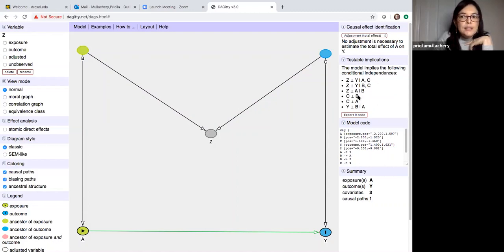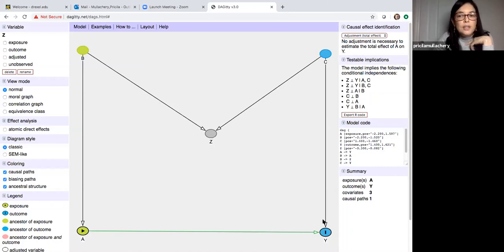These here are the testable implications. Remember this symbol of independence? It just tells us about the other sort of causal effects that could exist in this path that I'm assuming are not there, right? So for example, let's see this first one. It says that Z is independent of Y, conditional on A and C, right?